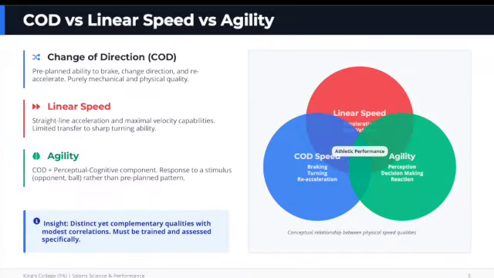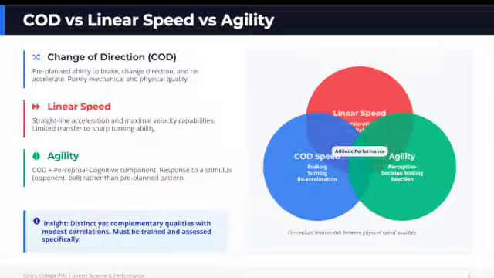Change of direction versus linear speed versus agility. Change of direction is a pre-planned ability to brake, change direction and decelerate. It is purely mechanical and a physical quality. Linear speed is straight line acceleration and maximal velocity capabilities, with limited transfer to sharp turning ability.